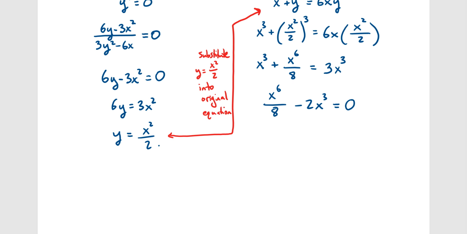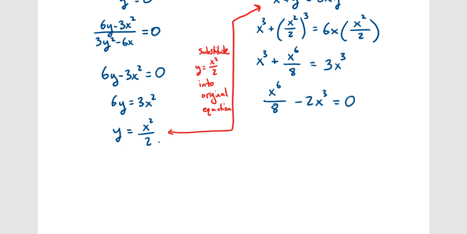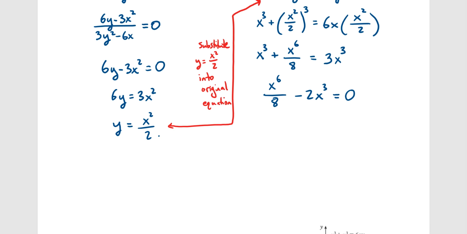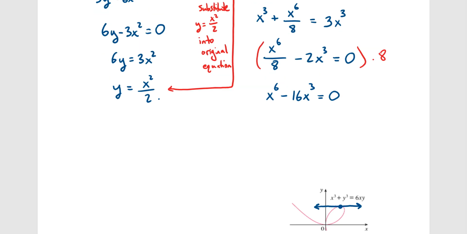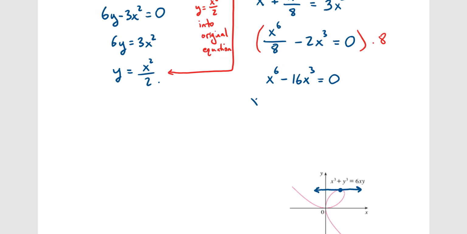Actually, before we do that, we can get rid of these fractions if we multiply both sides of the equation by 8, because that's our denominator. We get x to the 6th minus 16x cubed. 0 times 8 is 0. So that just gets rid of the fractions. It's kind of nice. And now we can factor out the x cubed. We're going to be left with x cubed minus 16 equal to 0.